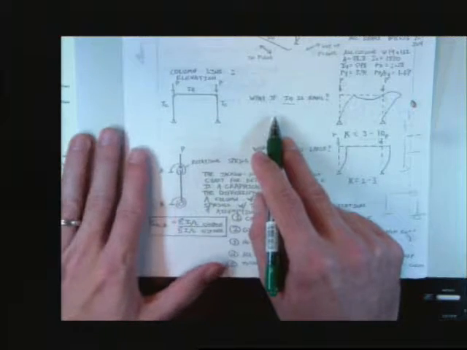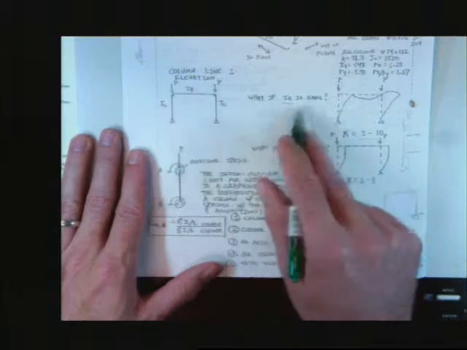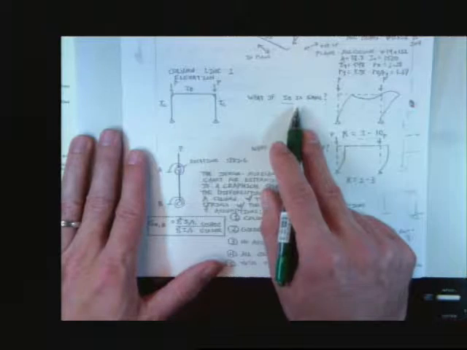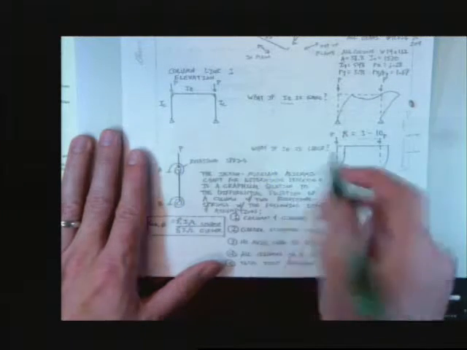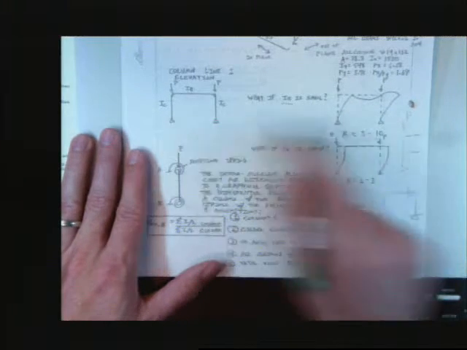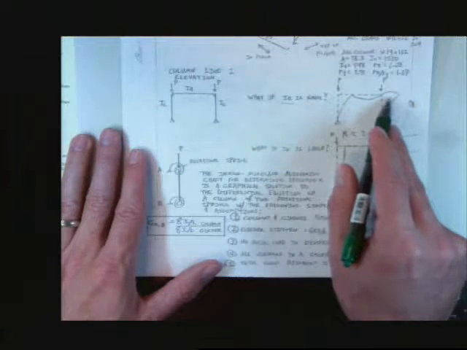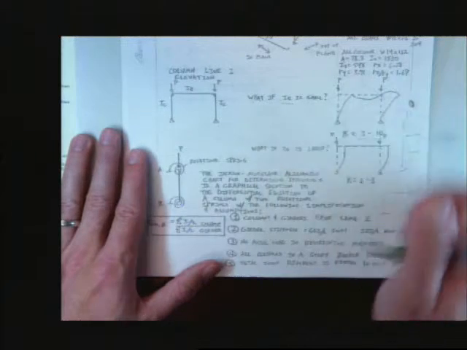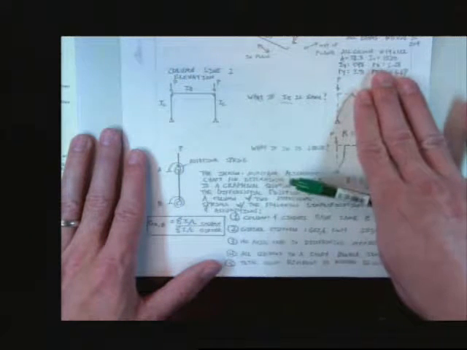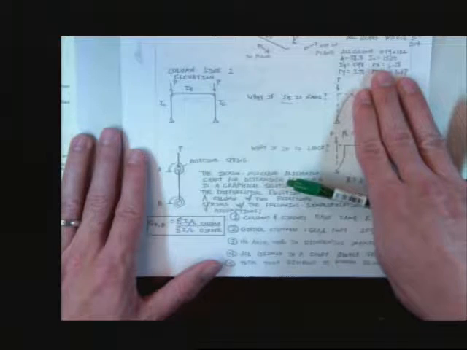If I sub B is really, really small, like a noodle, really thin, then those columns are going to be deflecting like crazy.